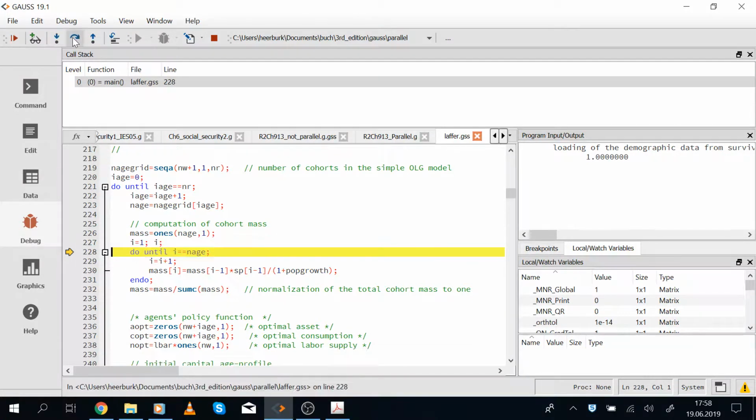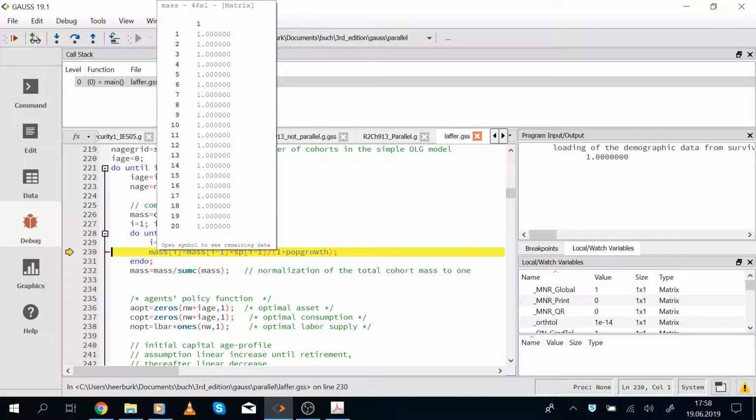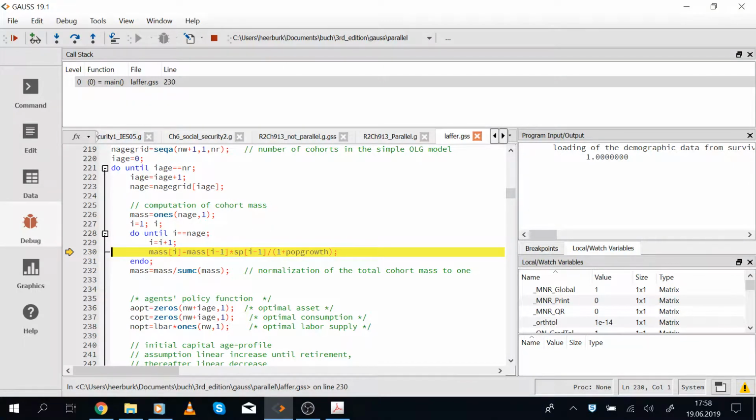economy. So let's start with any guess for the mass of the first cohort. Let's say it's 1, and in the next period, the 20-year-old have the mass 1, and the 21-year-old have the mass of the 20-year-old times the survival probability divided by the population growth.